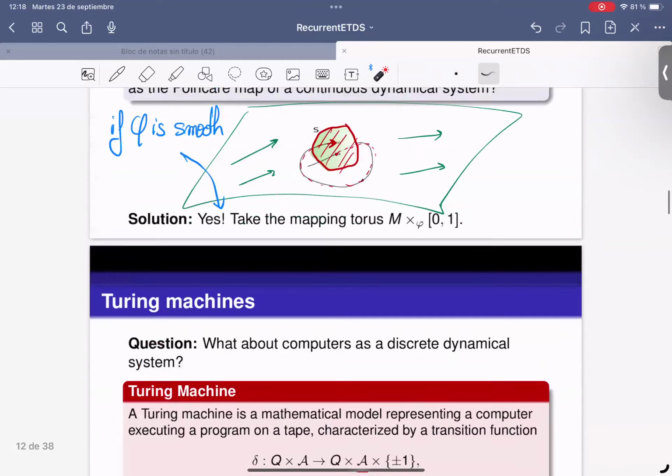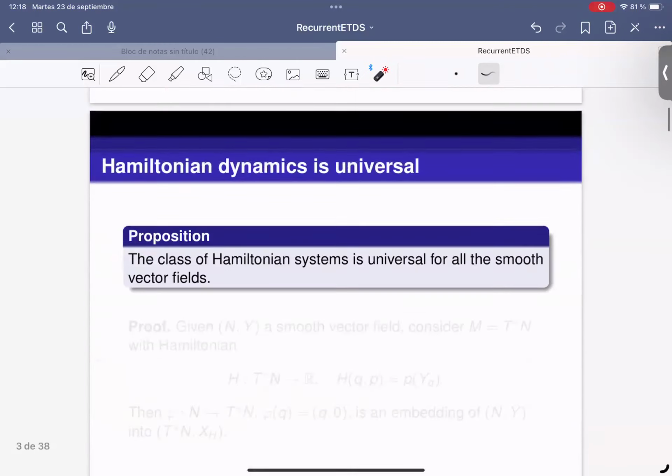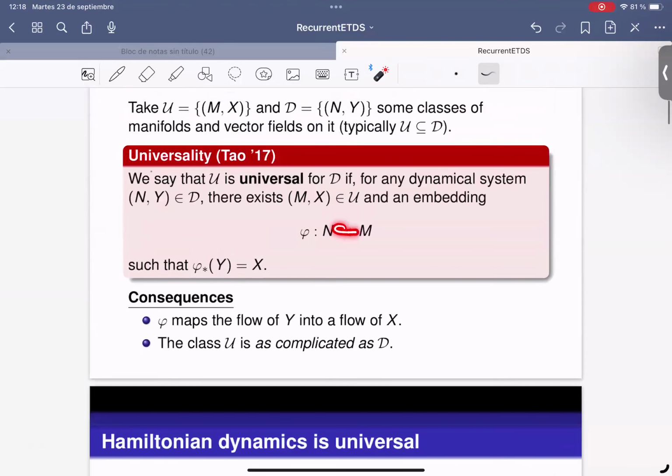This embedding is typically injective, but not surjective. Typically, you are embedding N inside a much larger dynamical system. That's the reason why there is an outside that is wider. You have control on the submanifold N, but you don't have control outside N at all.